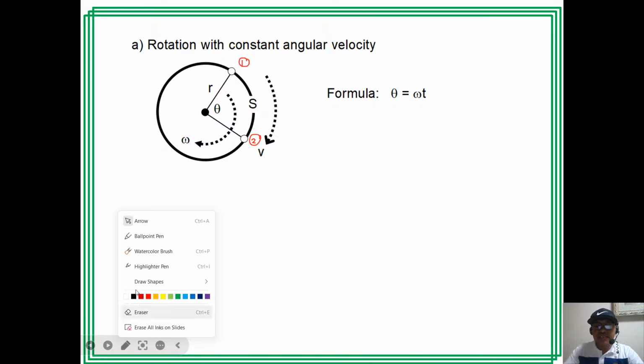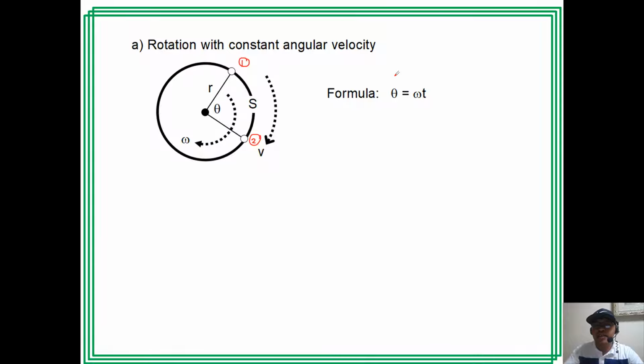Take note, this is the same as our formula in linear motion, S equals V times T, or distance equals velocity times time. But here, we are using the angular parameters, so theta equals omega times t.